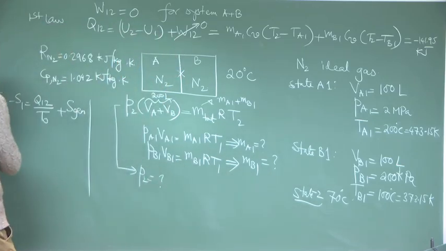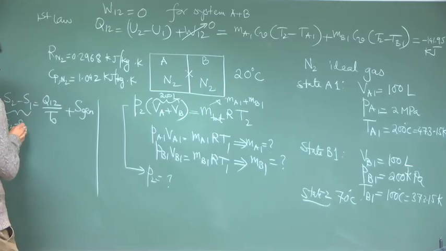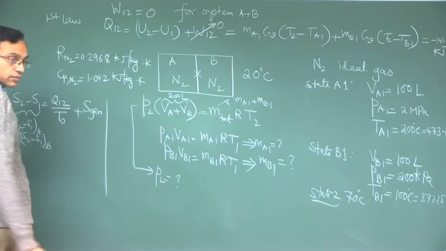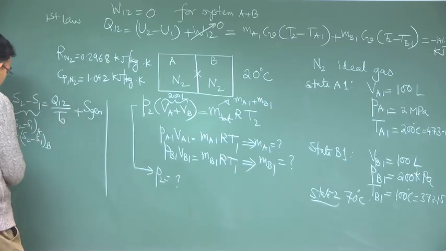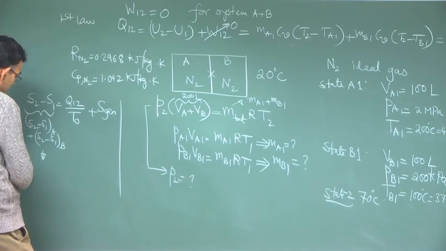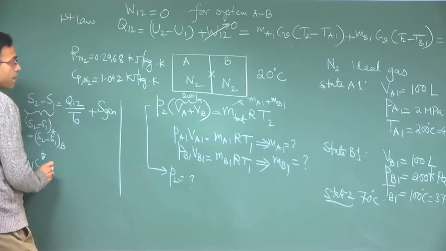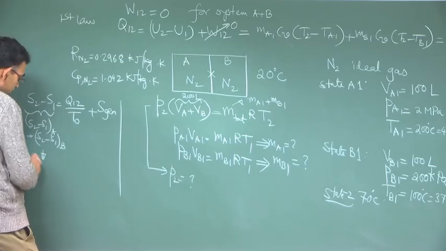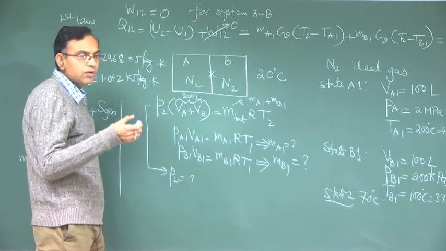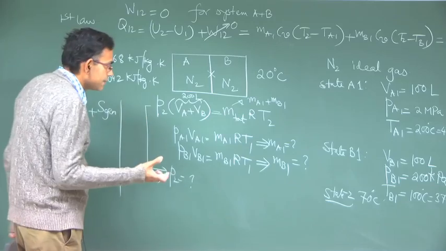So, S2 minus S1 is S2 minus S1 of A plus S2 minus S1 of B. S2 minus S1 of A is MA1 Cv, or we can use Cp or Cv depending on whether we are calculating it on a volume basis or pressure basis.